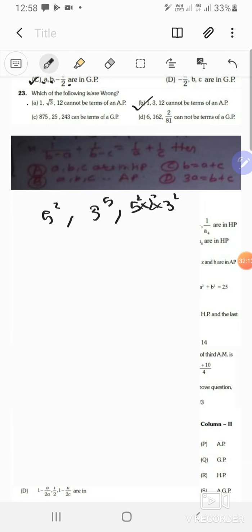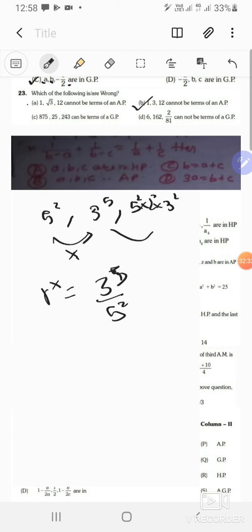So what can we do with that? Suppose this is like x, right? So you have to multiply by r x times to get this thing. That will mean that r to the x equals 3 to the power 5 upon 5 squared.